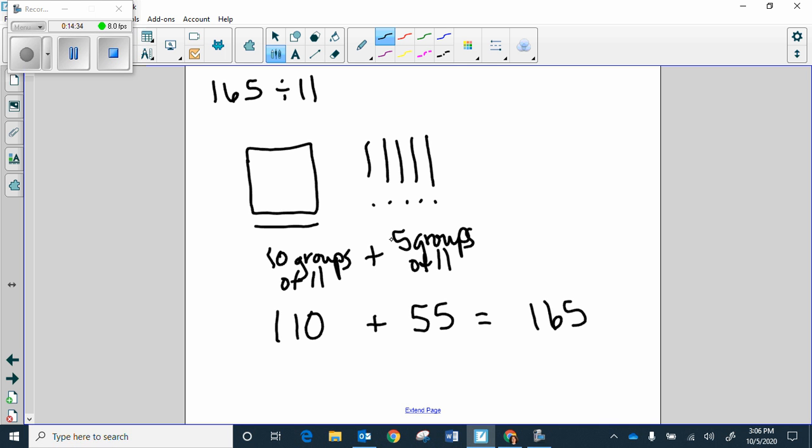So 10 groups plus 5 groups equals 15 groups of 11. So 165 divided by 11 equals 15.